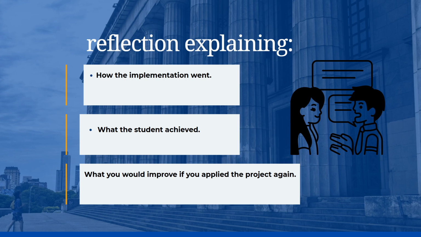Regarding this, the reflection answers three questions. The first is how the implementation went. At first, as I said before, the student had a very confused attitude since she needed more details and more scaffolding to understand the whole length and complexity of the situation.